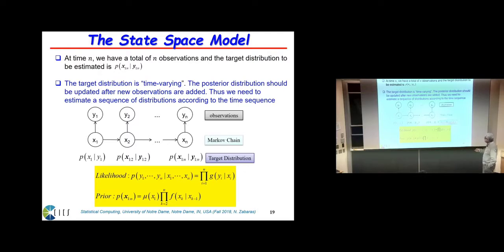The posterior of the state at time 1 looks like this: the probability of x1 given y1. At time 2, we're interested in the probability of x1 to 2 given y1 to 2. Really, here x1 to 2 means the probability of x1, x2. I have two variables. And similarly, when you reach time n, you're interested in the probability of x1 to n, which is x1, x2, up to xn.